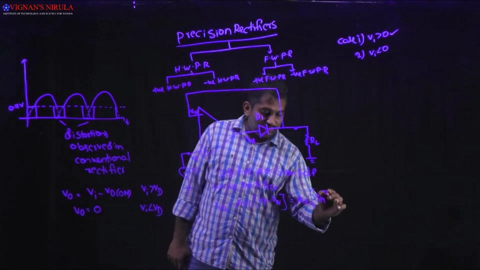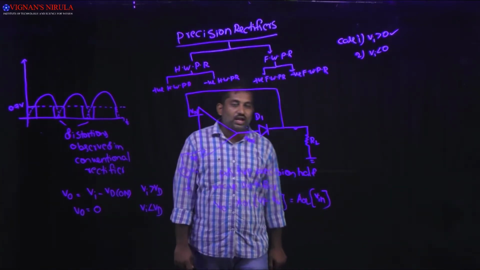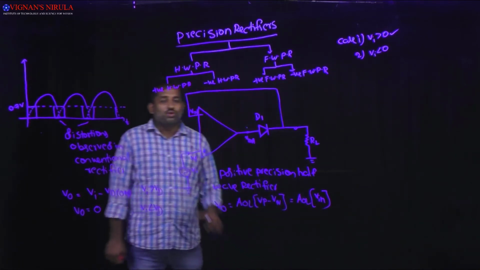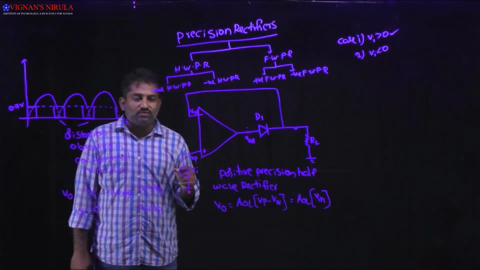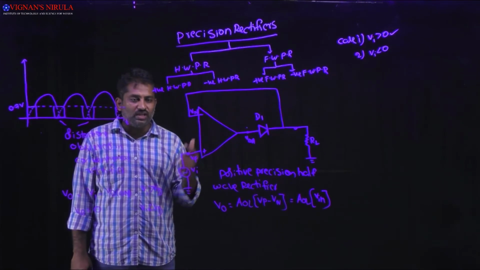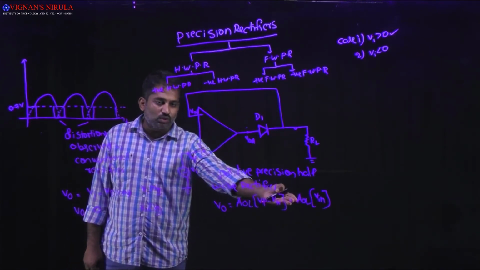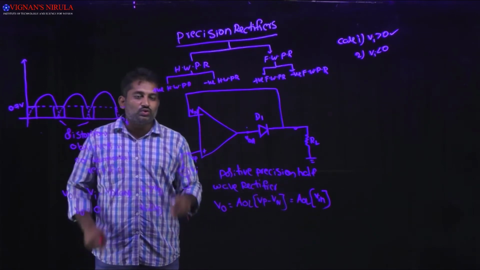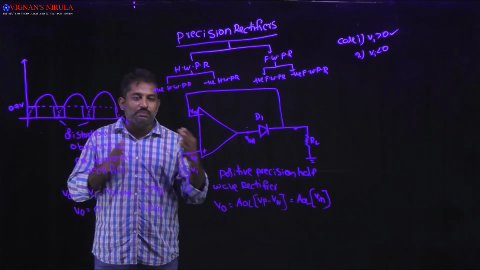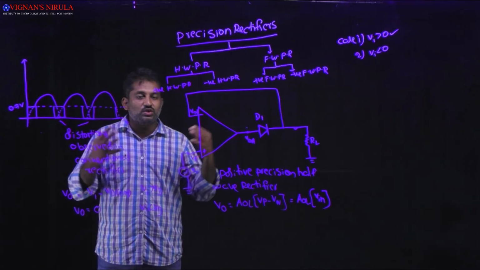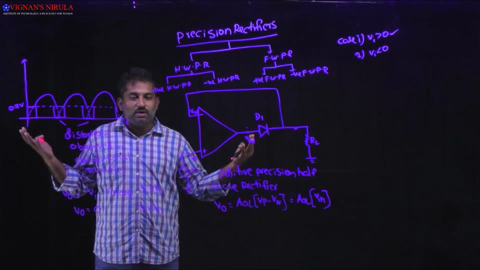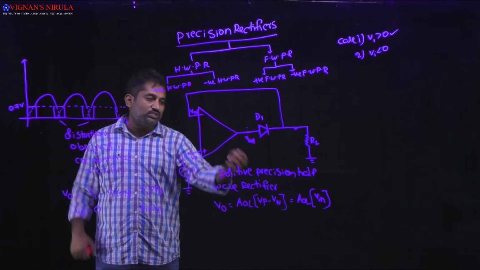So V0 is equal to A0L into Vd, and we all know that the gain of open loop op amps is very high. So obviously the output voltage is A0L into Vin, a high value multiplied with the input voltage, and we will get a maximum positive value at the output side.